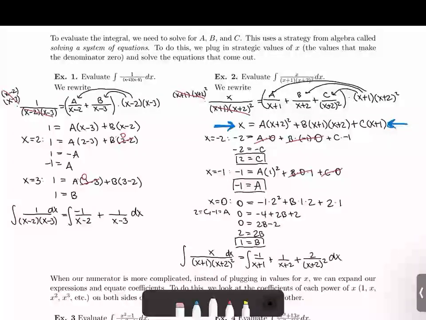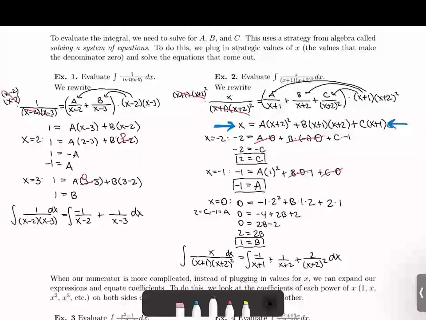Those first two terms, the -1 over x plus 1 and the 1 over x plus 2, are going to be integrated using u substitution to get us back to the log. And that third term is also going to be solved using u substitution, where u equals x plus 2. Then to integrate this, we're just going to use the reverse power rule, where we add 1 to the power and then divide by that. So we have transformed this into something that's easy to integrate.